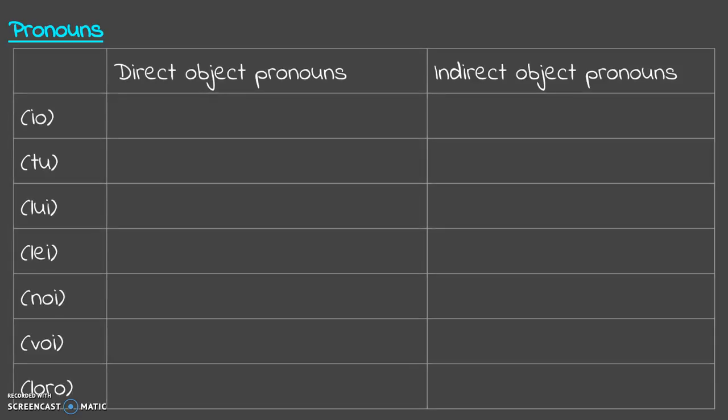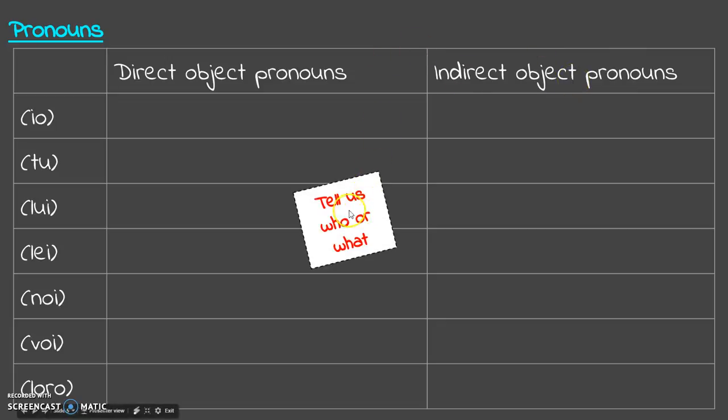So now we come to our pronouns, and you have seen these before. You know that we have direct object pronouns and indirect object pronouns. Our direct object pronouns tell us who or what.